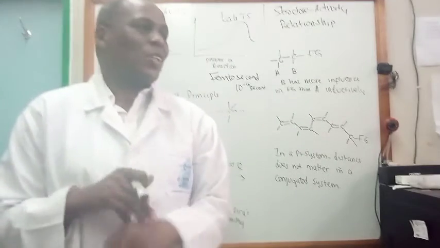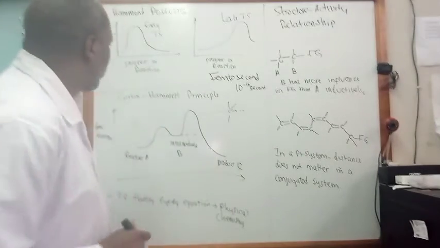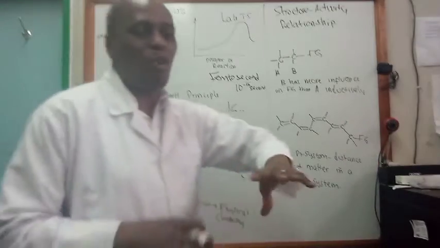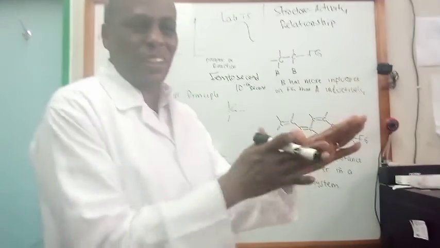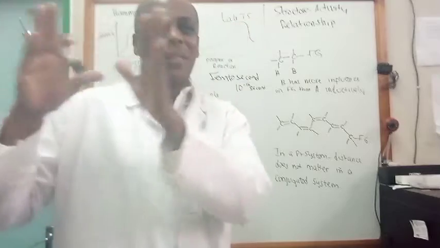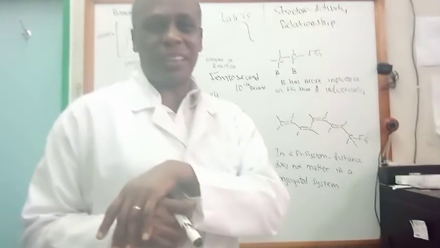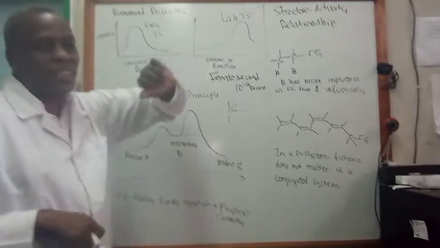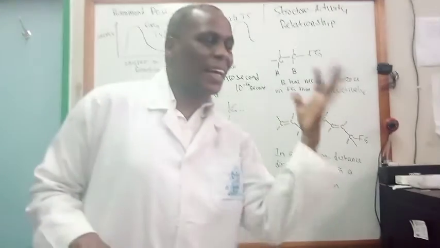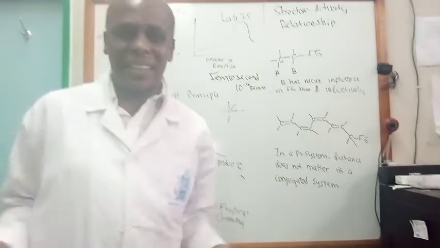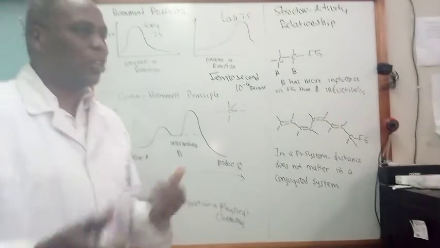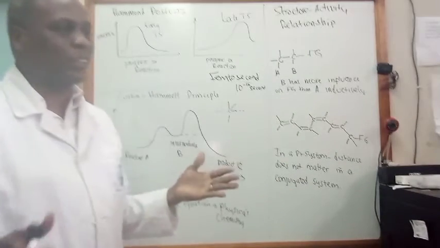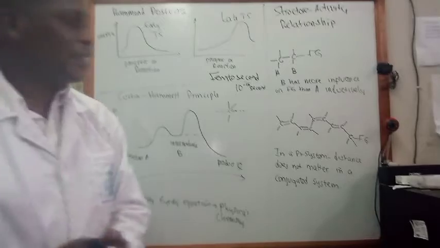You're simply going to look at the overlap of the orbitals in the starting materials, and then you can predict exactly the kind of product that you're going to get. But in the normal ionic reactions, which go through ions which can rearrange and everything, there may not be a lot of relationship between the starting material and the product.